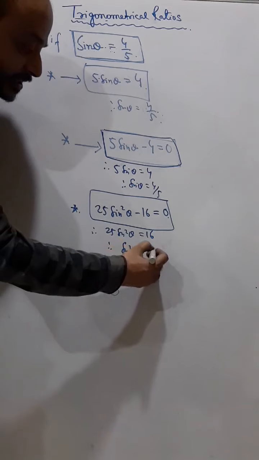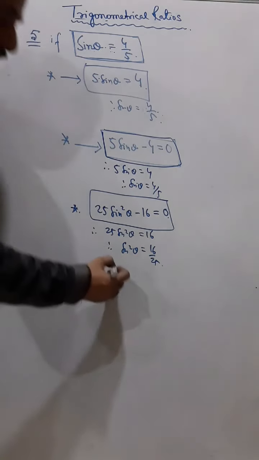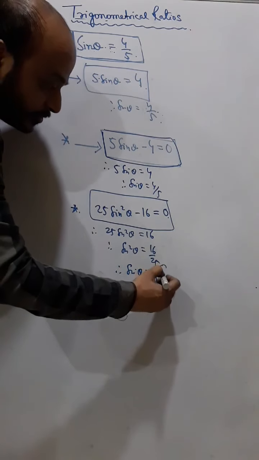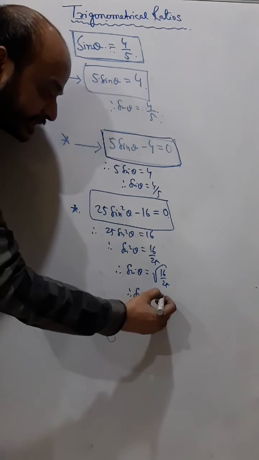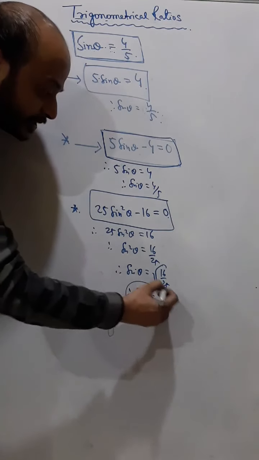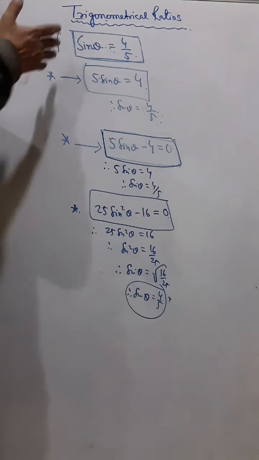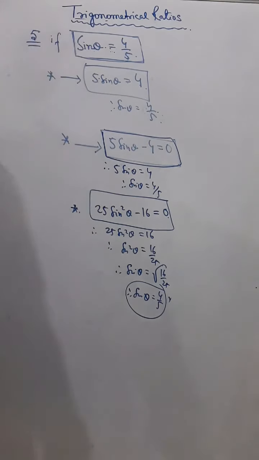Sin square theta is equal to 16 by 25, and therefore sin theta is equal to root over 16 by 25, so sin theta is equal to 4 by 5. So similar types of headings are there, all are the same, but they are just given in a different format. Okay, understand?